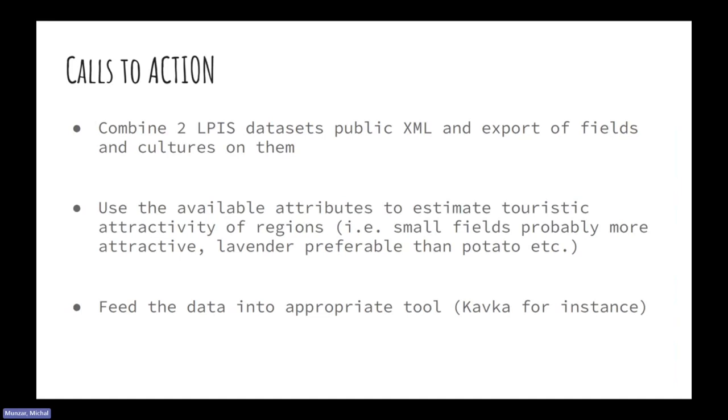Also, these XML files have information about the company that owns the fields. So it's possible to check the registry of enterprises and see if this farm is producing something or has a shop.